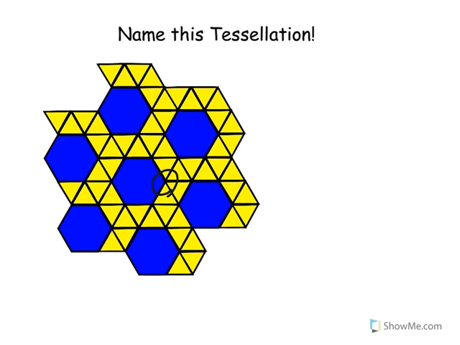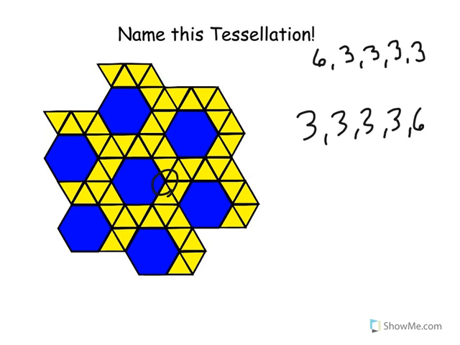I have a hexagon, triangle, triangle, triangle, triangle, and I've made it all the way around. Put it least to greatest. Well, that was the weirdest way to start then, huh? 3, 3, 3, 3, 6. That's the name of this tessellation, a 3, 3, 3, 3, 6 tessellation.